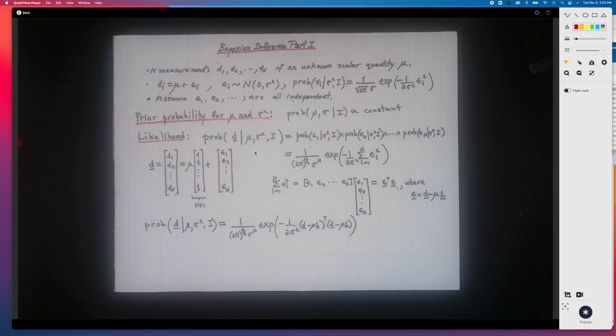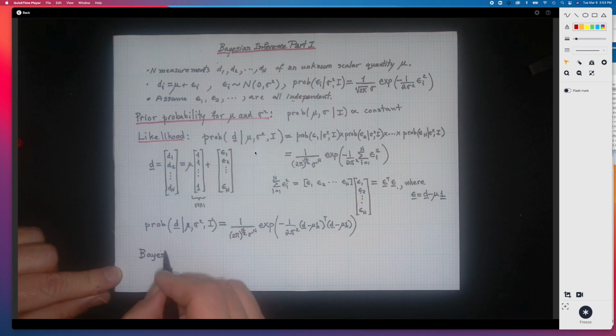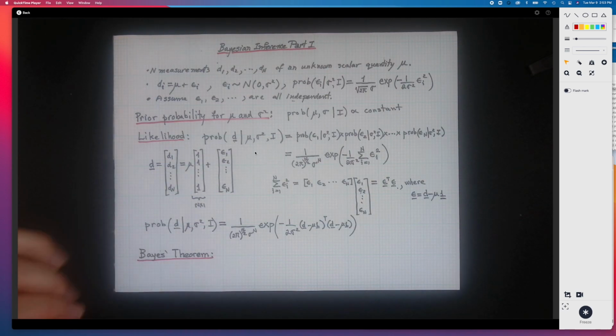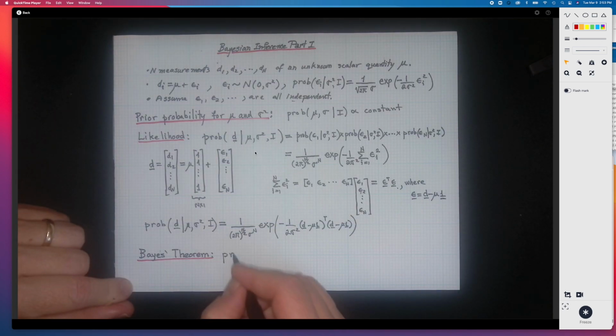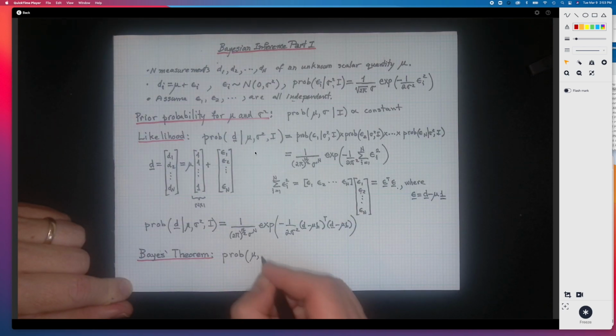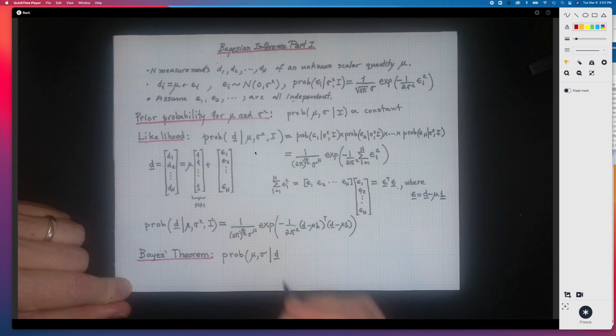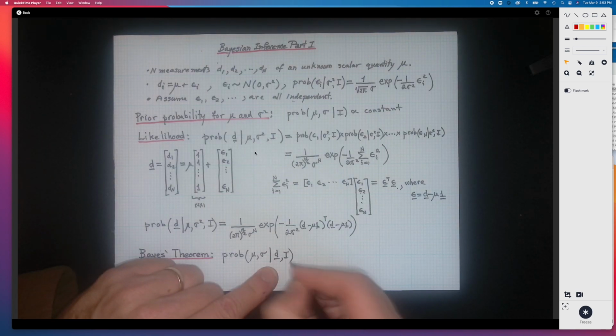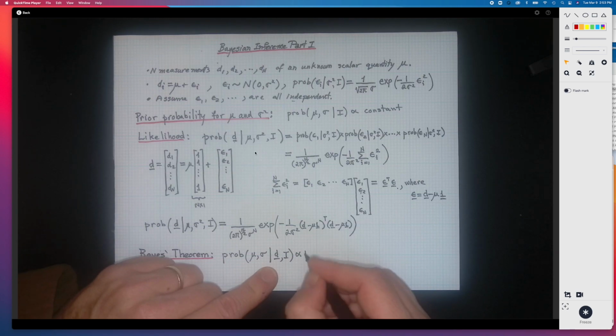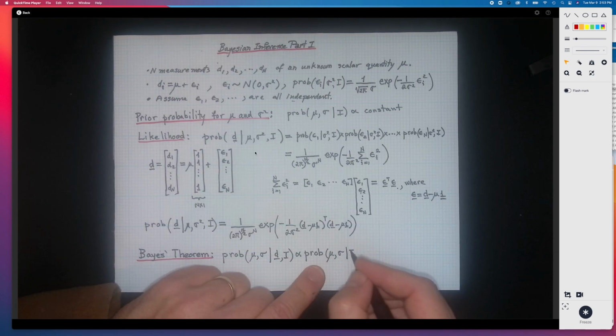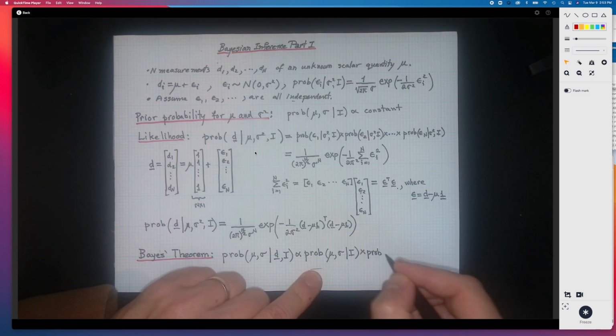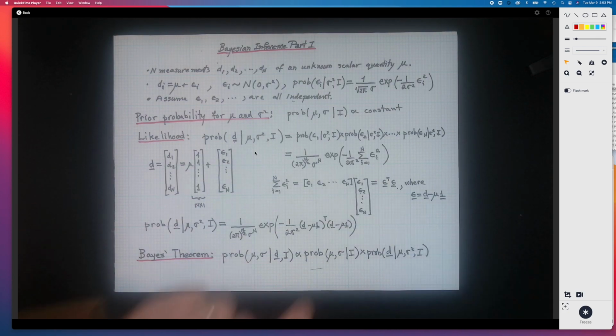And now I could use Bayes' theorem to invert this probability to get the probability of mu and sigma conditioned on d. So Bayes' theorem says that the probability of mu and sigma conditioned on d and I is proportional to the probability of mu and sigma, this is the prior, times the probability of d given mu and sigma, and this is the likelihood.